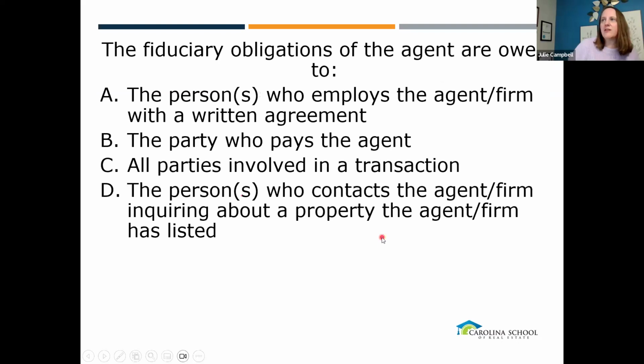So in a private chat, please tell me A, B, C, or D. Everybody in?